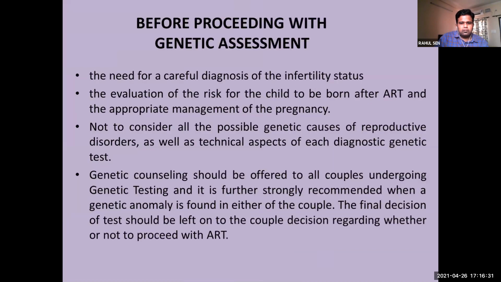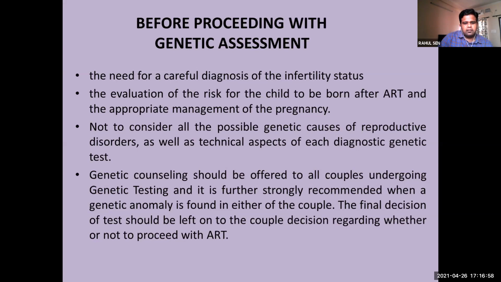So before proceeding, there is a need for careful diagnosis of infertile status, evaluation of risk for the child to be born after the assessment, and the appropriate management for pregnancy needs to be planned, not to consider all possible genetic causes of disorders.